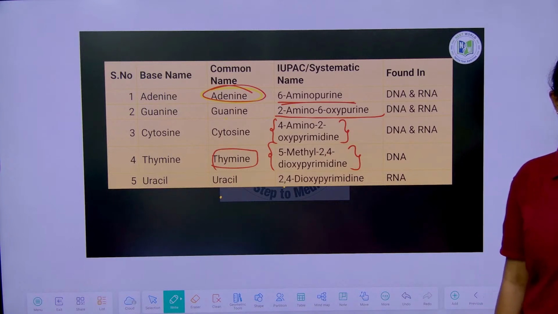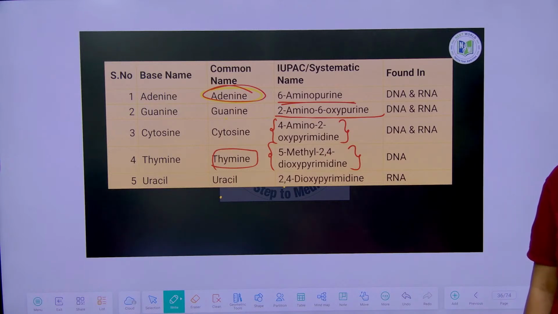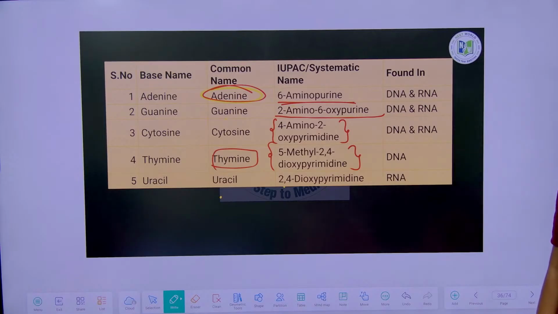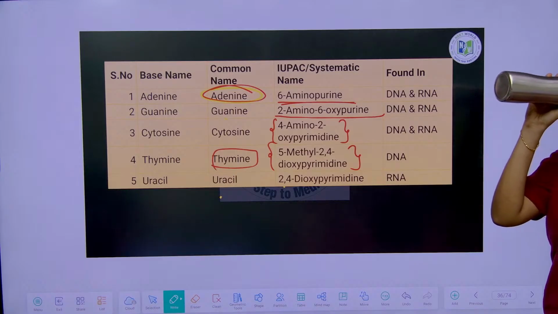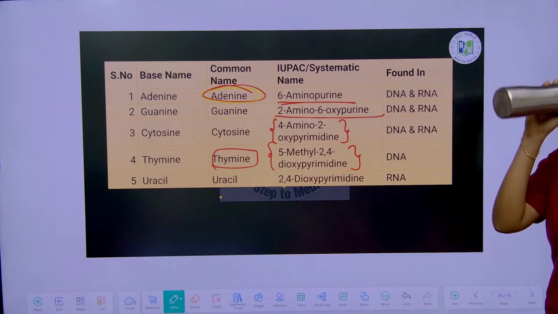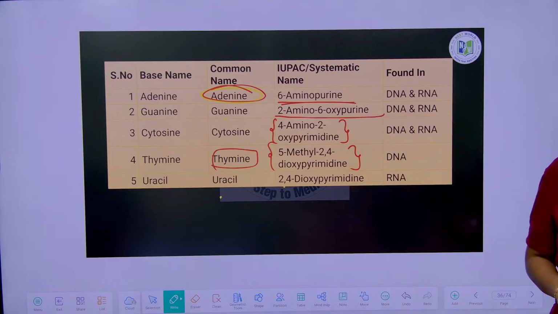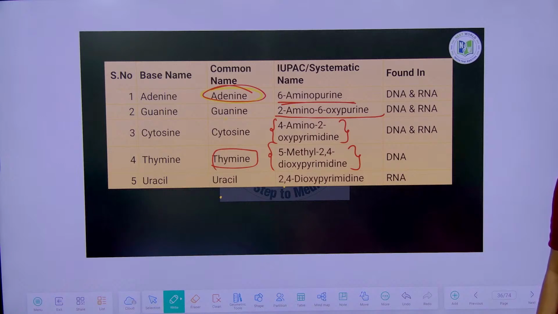What is the name you are addressing for a nucleotide? Done?